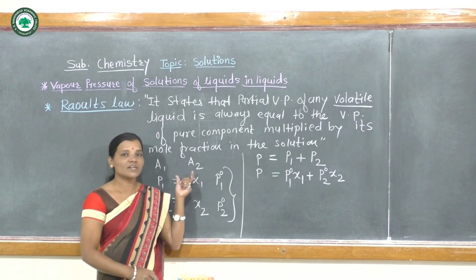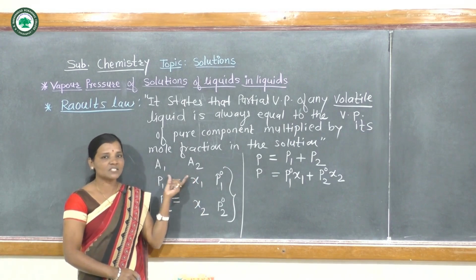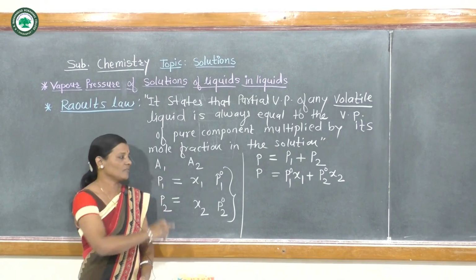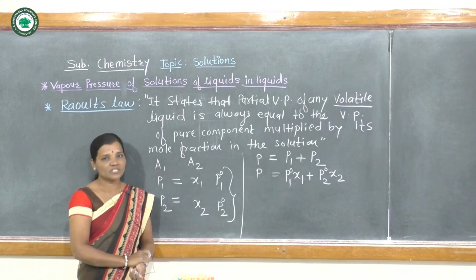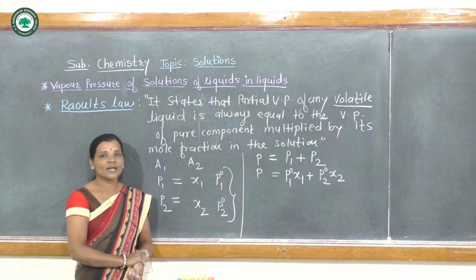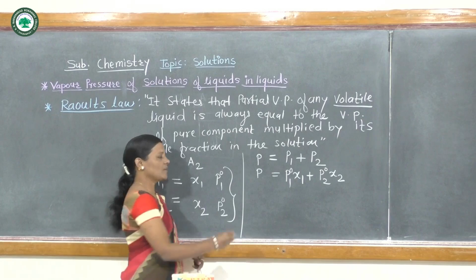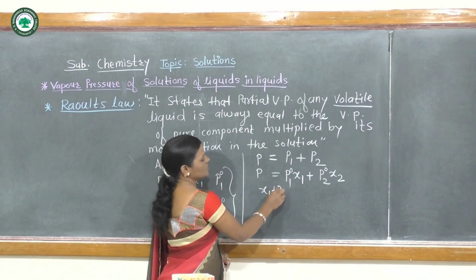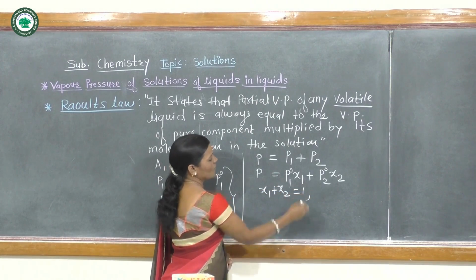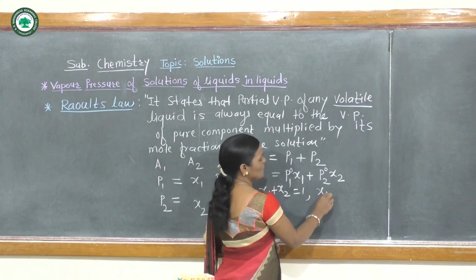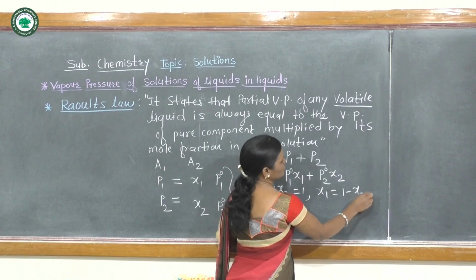Now in our solution, that is a binary solution containing only two components A1 and A2, their mole fractions are X1 and X2. So here we have X1 plus X2 equals 1, and so we can write X1 equals 1 minus X2.